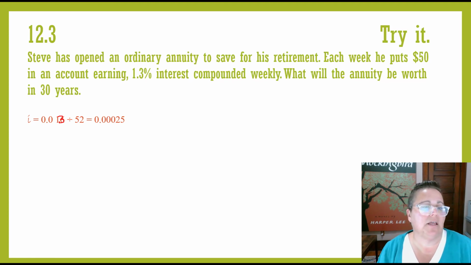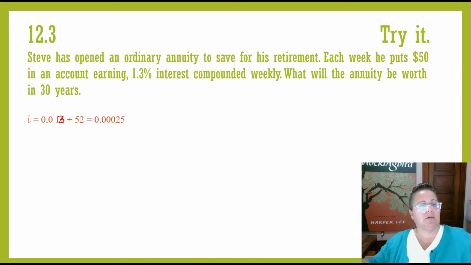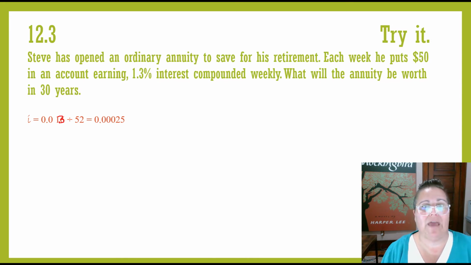So we've got 1.3% converted to a decimal, 0.013, divided by 52, which is 0.00025. I feel like I might have an extra 0 in there. So 0.013 divided by 52. Nope, 3 zeros, 0.00025. All right, total number of compounds. Well, 52 times a year for 30 years gives me 1,560 compounds.